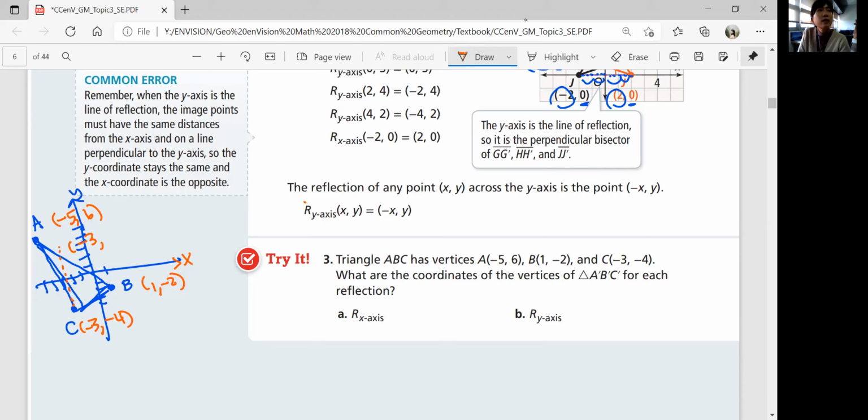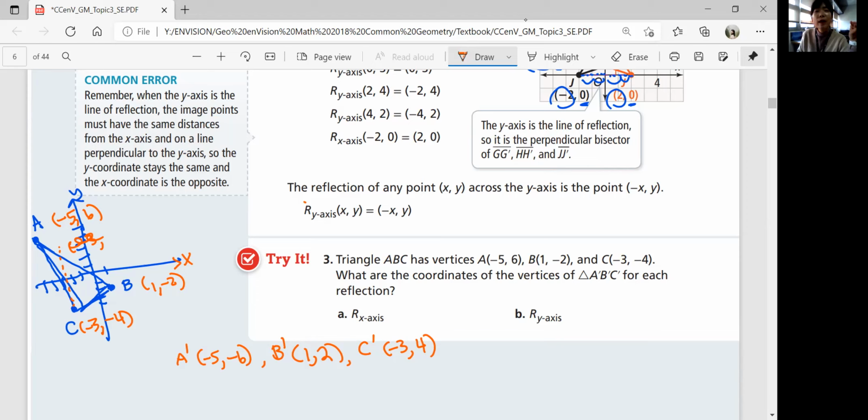So x is still -3. So C prime should be (-3, opposite of -4 is +4), okay? B prime, same x, opposite of -2 is +2. A prime, same x, -5, opposite of +6 is -6, all right? So that should be your coordinate points for your reflection of the triangle across the x-axis.